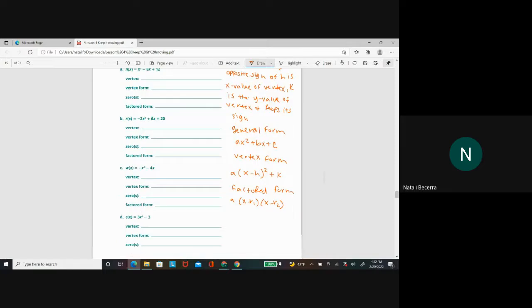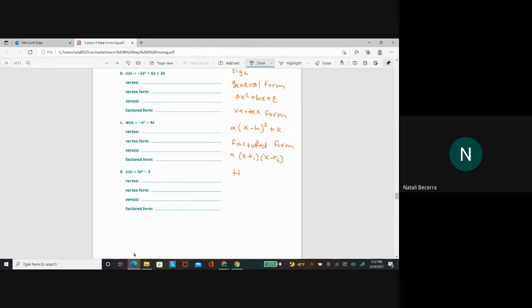And then the last thing that I want you guys to write down is the value of a tells us if the graph goes concave up. So concave up, this would have a minimum. And it goes up when it's a positive number, right?